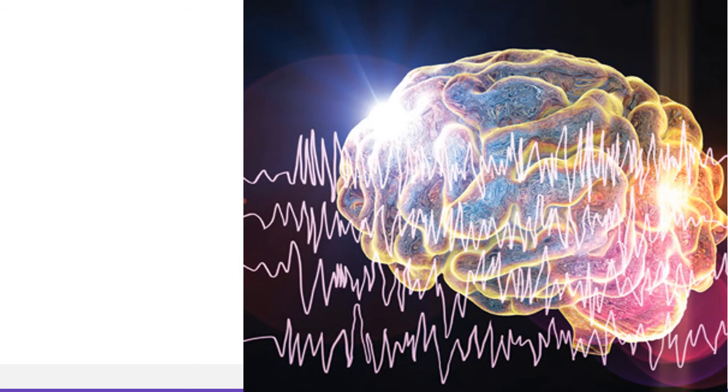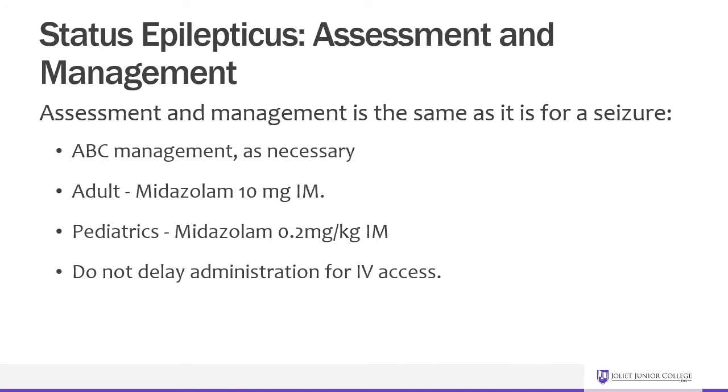So let's kind of move on and discuss syncope for a little bit. So status epilepticus is defined as having seizures, either reoccurring seizures or one long drawn out seizure.